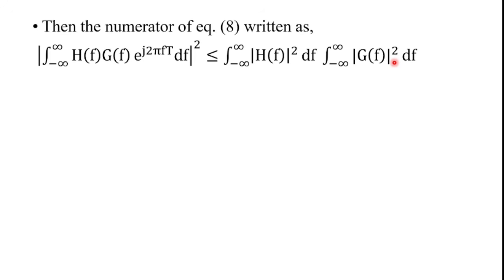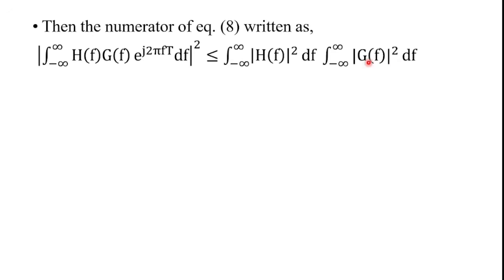Cos of 2 pi f t is the real part and sin of 2 pi f t is the imaginary part. So the magnitude of e power j 2 pi f t is equal to the square root of cos square of 2 pi f t plus sin square of 2 pi f t. But we know that cos square of 2 pi f t plus sin square of 2 pi f t is 1. Square root of 1 is 1. So the magnitude of e power j 2 pi f t value is 1.